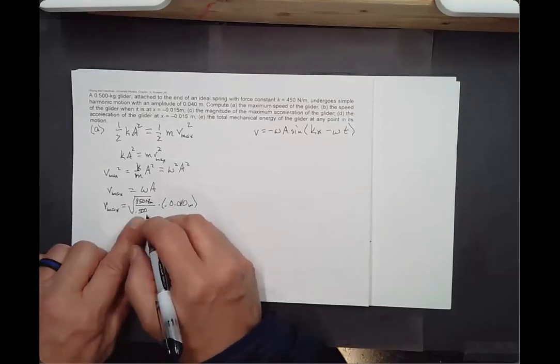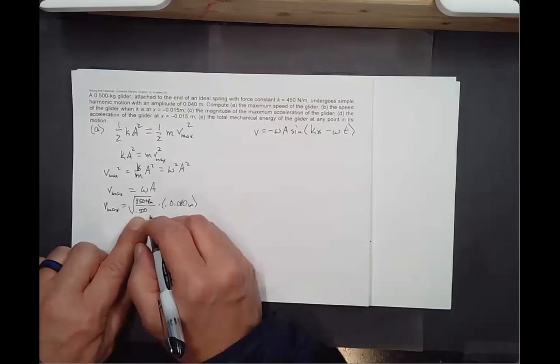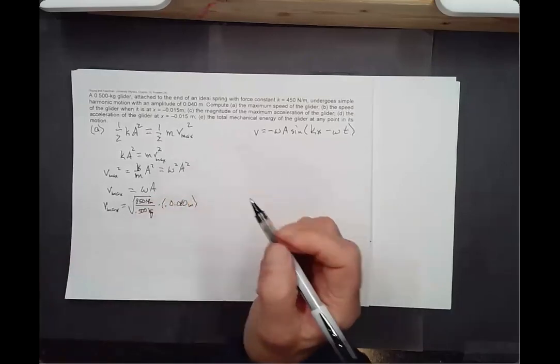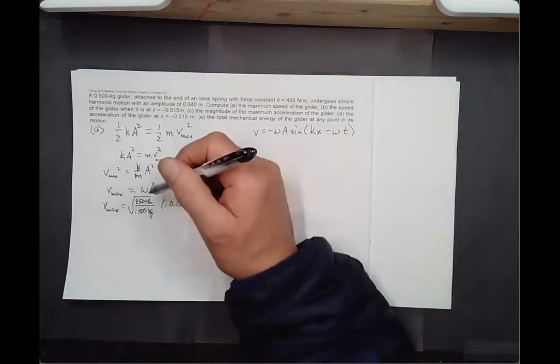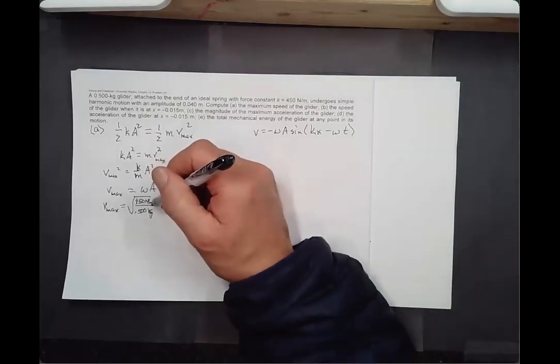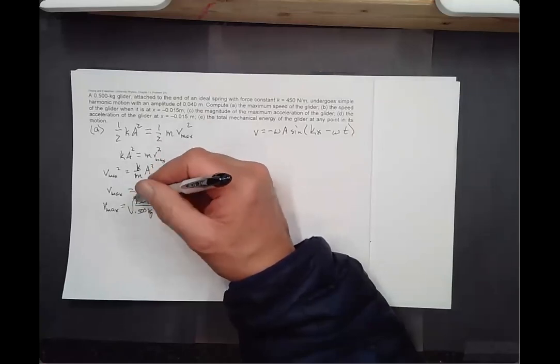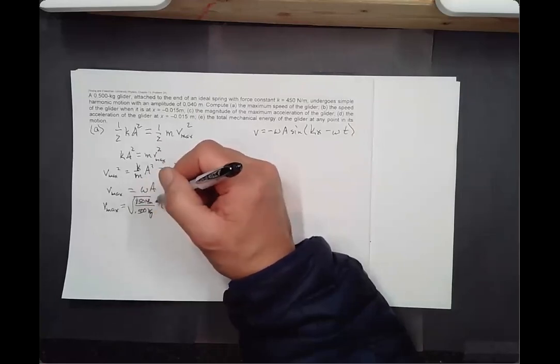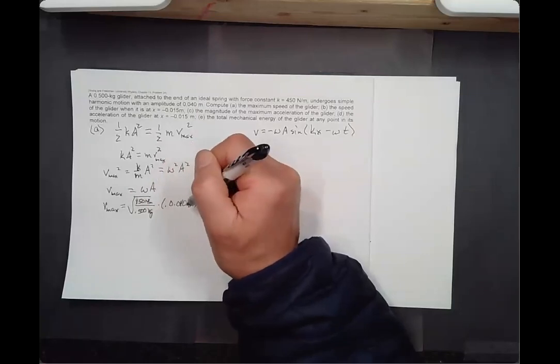Let's see, 0.500 kilograms. If you remember that a newton per meter is a kilogram per second squared, what's inside the square root has units of 1 over second squared. So when you take the square root, it'll give you 1 over seconds times meters is meters per second.